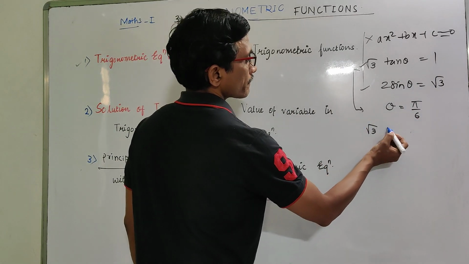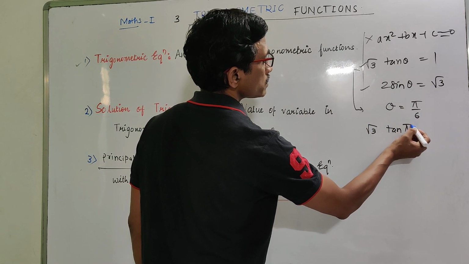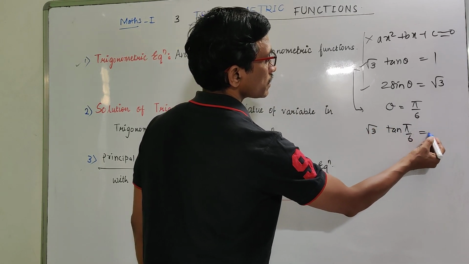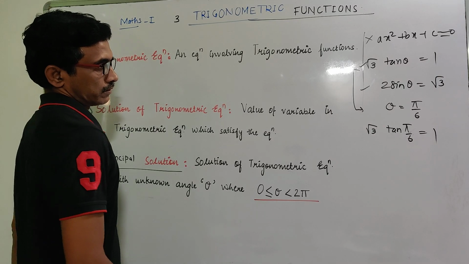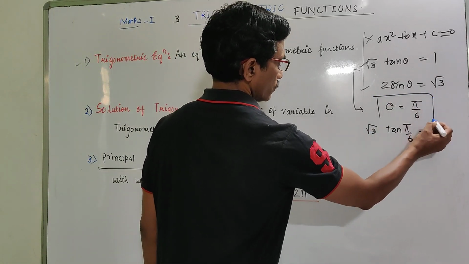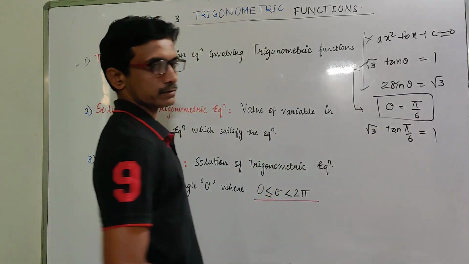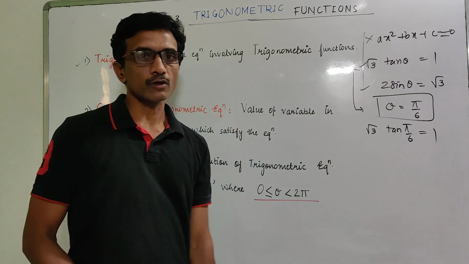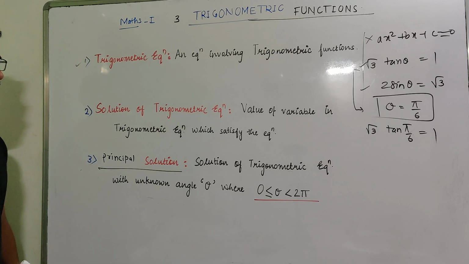See here, tan of pi by 6 is 1 by root 3, and it gets cancelled and equals 1. That means theta is equal to pi by 6 satisfies this equation. So theta is equal to pi by 6 is a solution of the trigonometric equation.